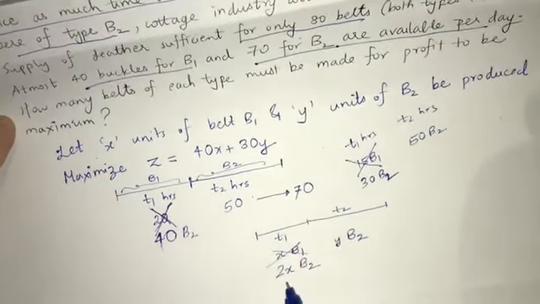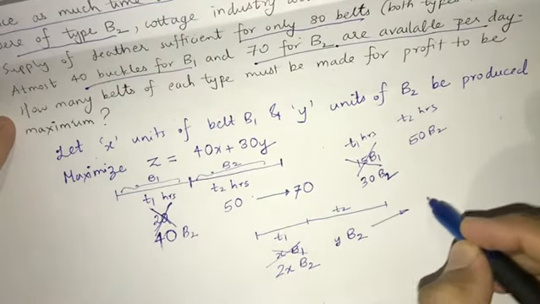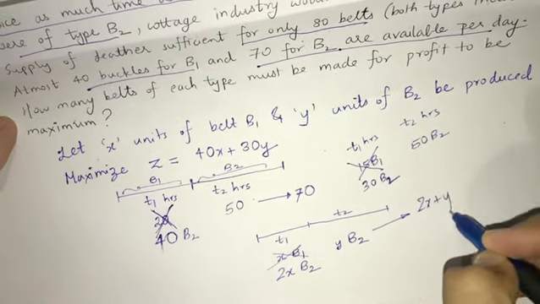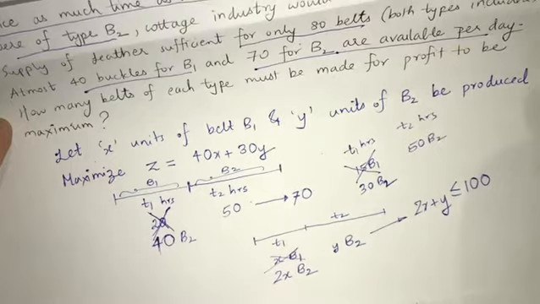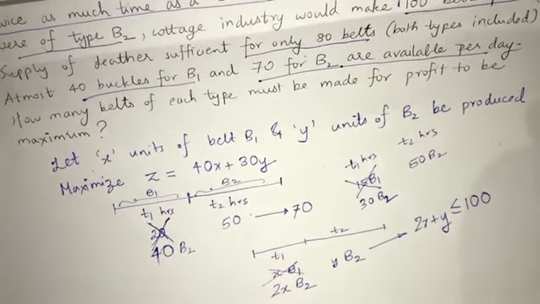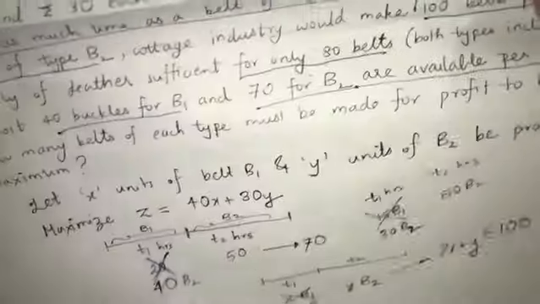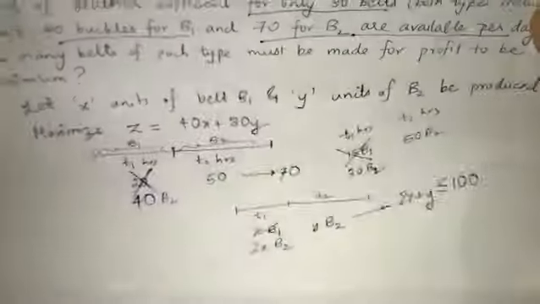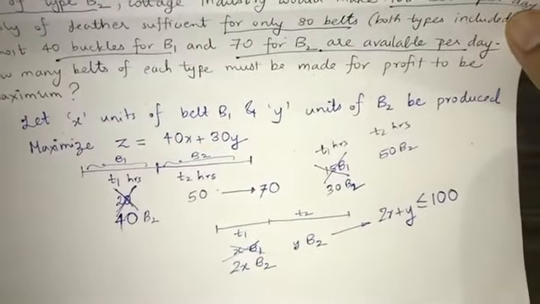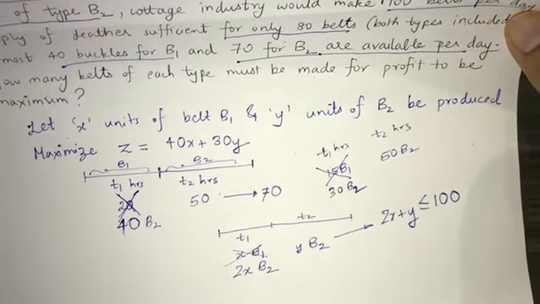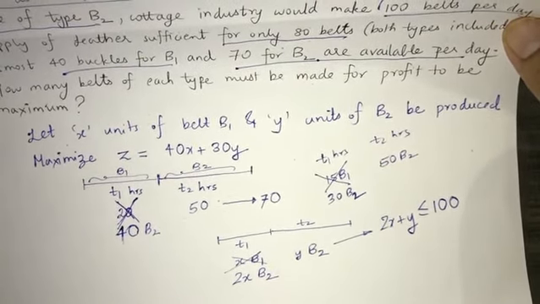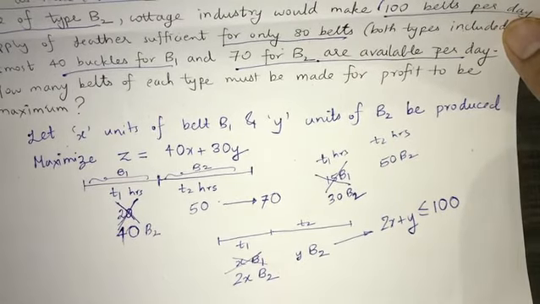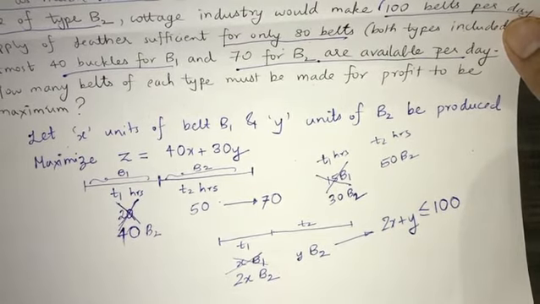So now it is B2 only, 2x of B2 and y is also B2, so in total we get 2x plus y, max to max 100. It's a very, very important problem. It's a bit tricky to understand, but I hope after this explanation you'll understand that constraint, how it arrived. So we have 2x plus y less than or equal to 100.